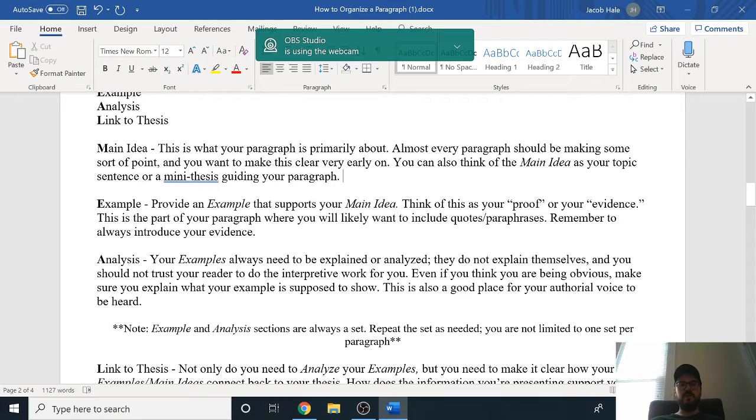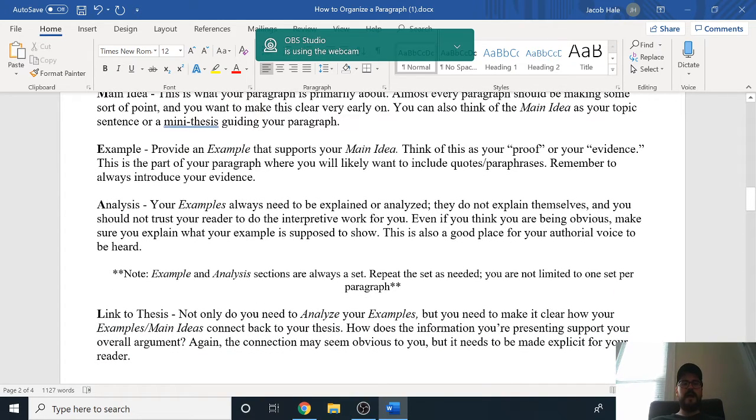And I find that it works really well for research writing because it helps make things very clear to your readers. If you don't include your main idea in the first sentence of your paragraph, you're at risk of your reader not really knowing what you're talking about and maybe getting lost.